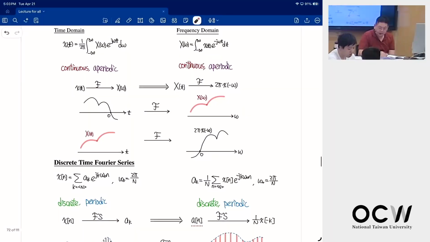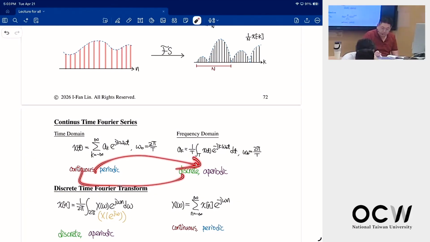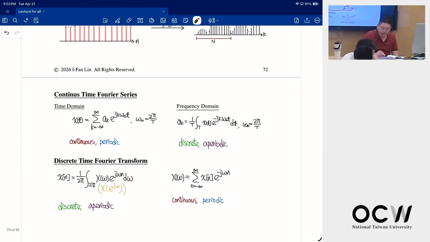Discrete time Fourier series, in frequency domain, it is still discrete and periodic. But continuous time Fourier series, in frequency domain, what happens? It's totally opposite. Continuous becomes discrete, periodic becomes aperiodic. Similarly, discrete time Fourier transform is discrete and aperiodic, but in frequency domain, it becomes continuous and periodic, 2 pi.